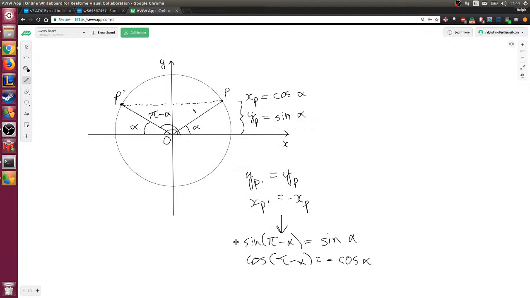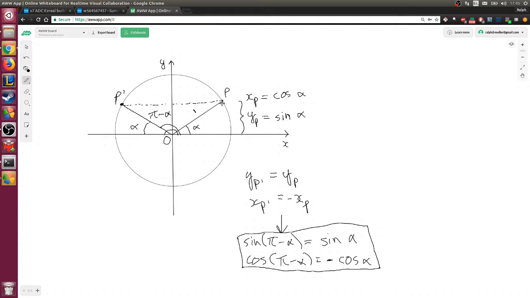Okay, so that means now we actually have a trig identity that we can use, for example, when simplifying a certain formula, right? And that means that when we want to prove a trig identity or even generate a new one, we can usually do so by looking at the angles that are involved in the trig identity and making observations about the coordinates of the points that correspond with that, right?